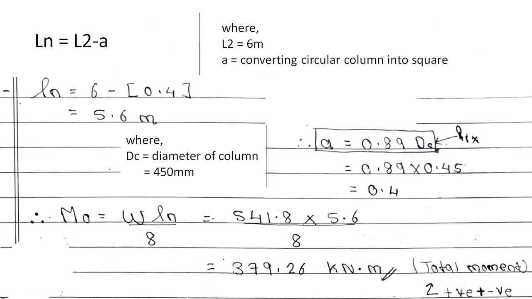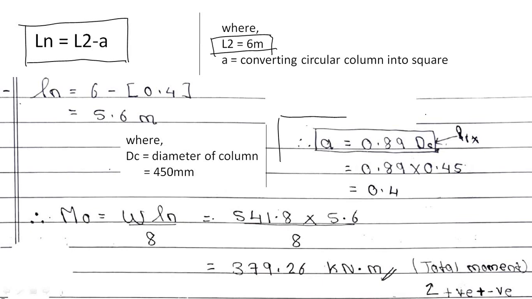The value of Ln is equal to L2 minus A, where L2 will be 6 meters and A will be the value which we have to convert from the circular into square. The formula for A is given, and it is a fixed formula. We have to remember this formula as 0.89 into DC, where DC is the diameter of column, which is provided as 450 mm.